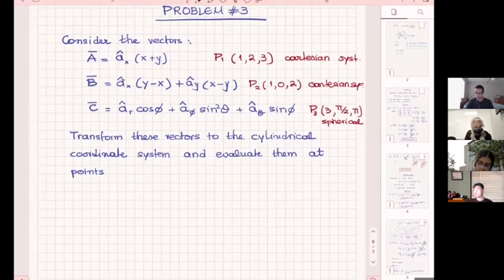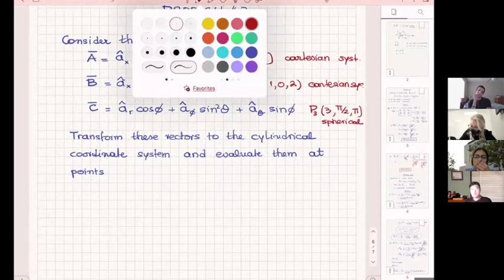Okay. Now, if you take the formulation that I believe I have given you, or that is in the book, it says the following for the transformation from Cartesian to cylindrical. How do you do the vector components?